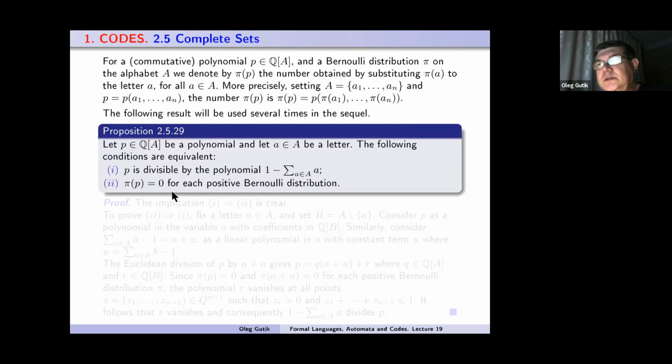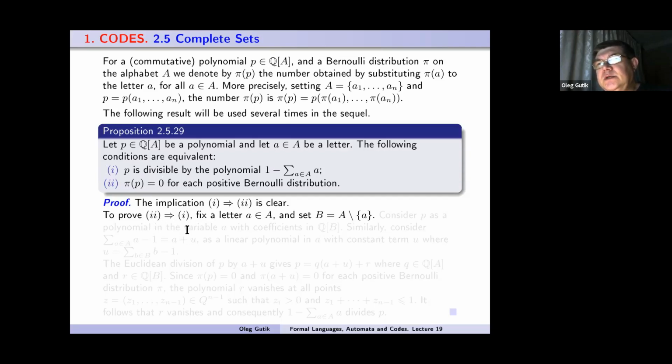Pi of P is equal to 0 for each positive Bernoulli distribution. The proof that the first statement implies the second statement is clear. We prove that the first statement follows from the second statement.